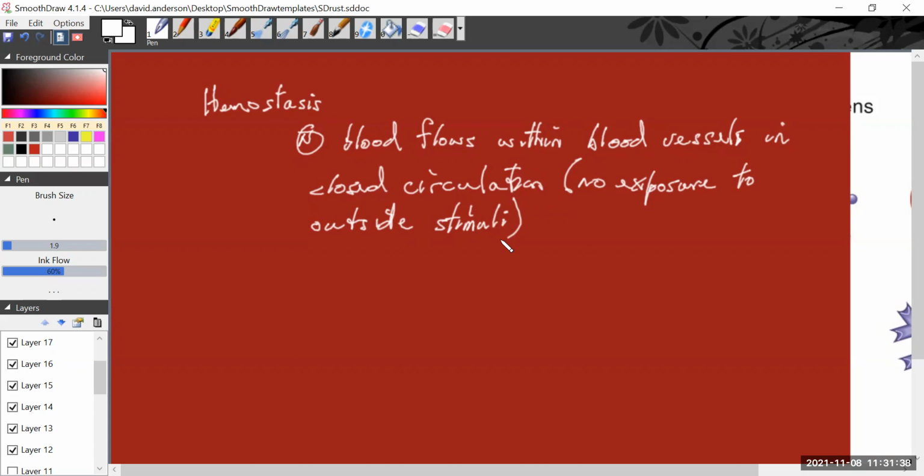But if it's damaged, there's a necessary reaction, series of steps that has to occur to stop that blood loss before it becomes life-threatening. And that's the process that's called hemostasis.